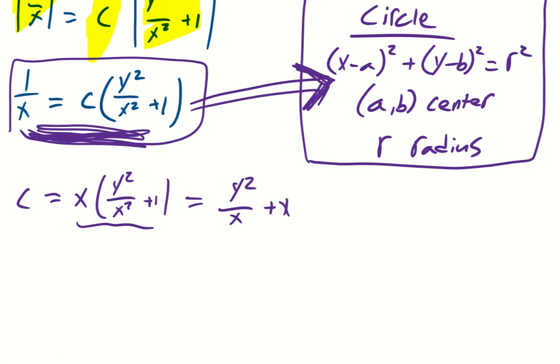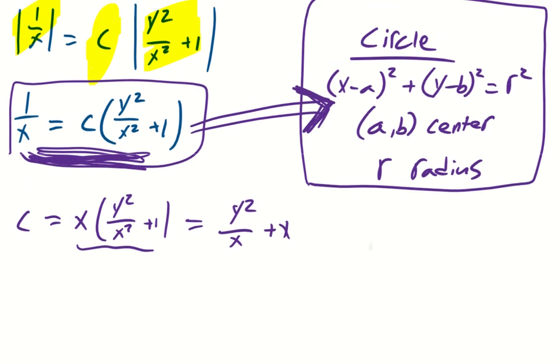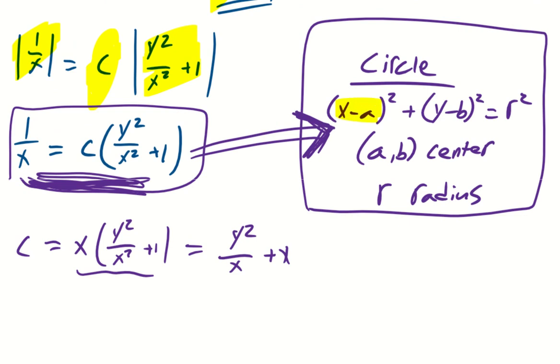Now what? Note that in a circle, we have some x quantity, x minus something, squared. And likewise, we have some y quantity squared. So that's what we want to end up with when we manipulate this algebraically. Right now, we just have c is equal to y squared over x plus x.